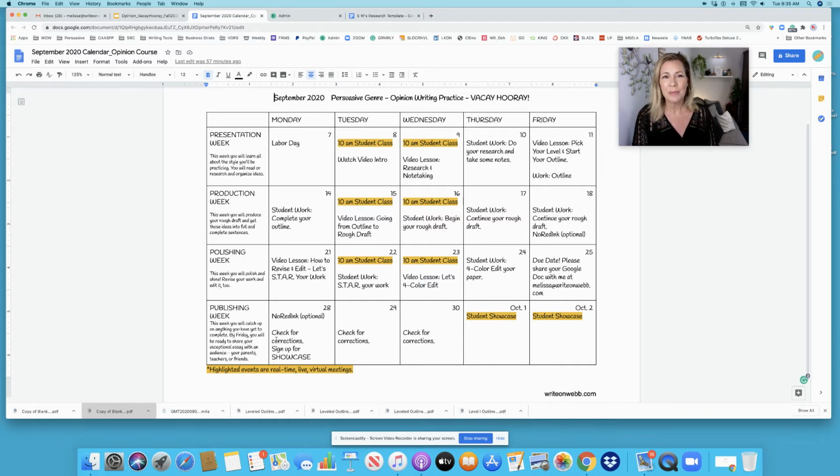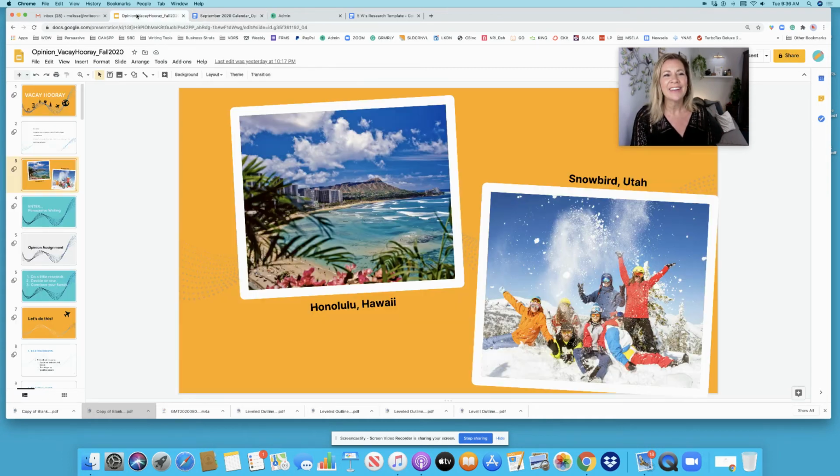This particular month, starting in September, as you can see on September 8th, we're going to jump right in to our vacay hooray. And what that is, is a writing prompt that I've put together where we're going to imagine that our family entered a TikTok dance contest and we won. But we've been given 2 choices, 2 vacation destinations, and we have to choose one.